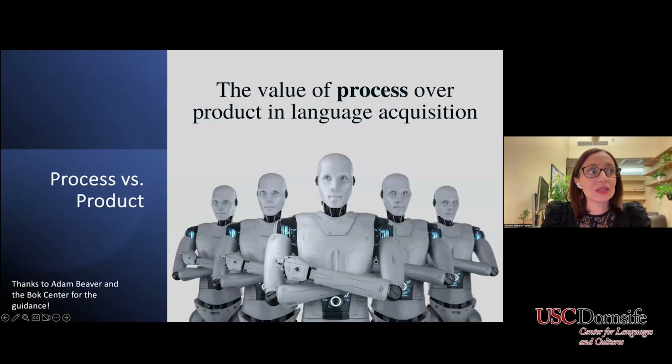When I was listening to all the workshops and mentorship received from the Bok Center, they talked about how important it is to highlight the value of the process, especially at this moment in which the students are going to find the results and the products immediately using language generators.